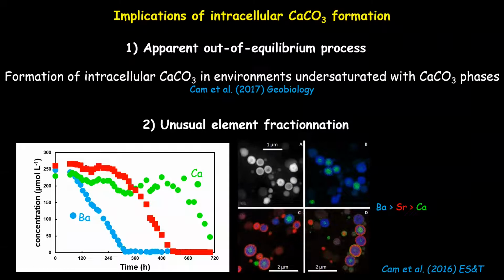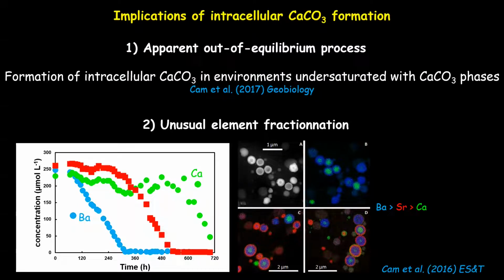Okay, so as I told you, about the geochemical implications, first of all, what we observed culturing these cyanobacteria forming the intracellular carbonate is that some of them can form calcium carbonate in solutions which are undersaturated with calcium carbonate. Which means that if you take the solution in which these cyanobacteria live, thermodynamically you can show that you should not form any calcium carbonate.